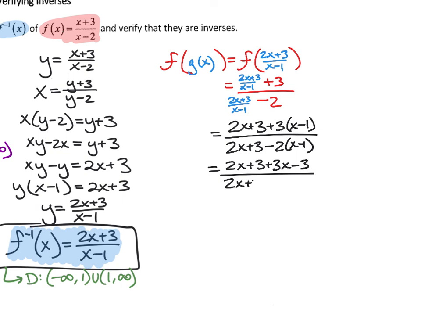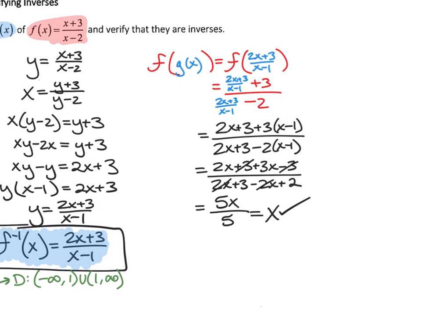And 2x plus 3 minus 2x plus 2. We combine all our like terms. That's 5x and then 5. Oh, look. We got an x. That's half of the verification I need.